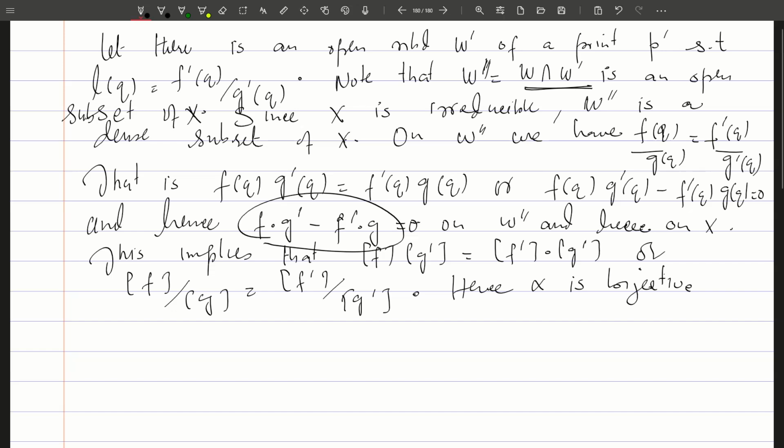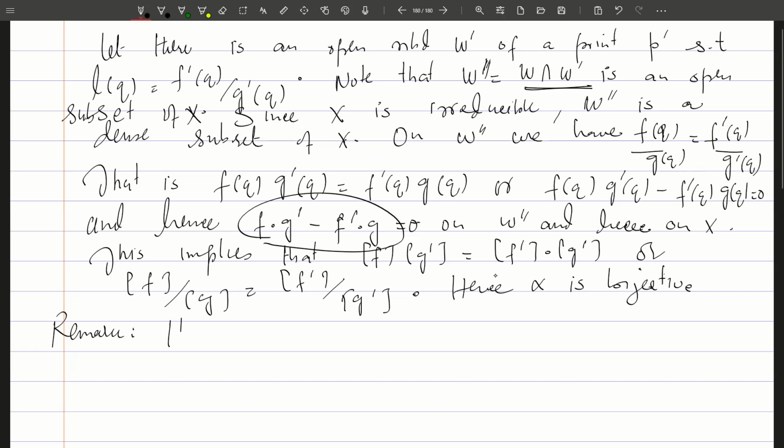From hereafter we will always identify the ring of regular functions on U with the ring of functions from U to K. So let us make this a remark.